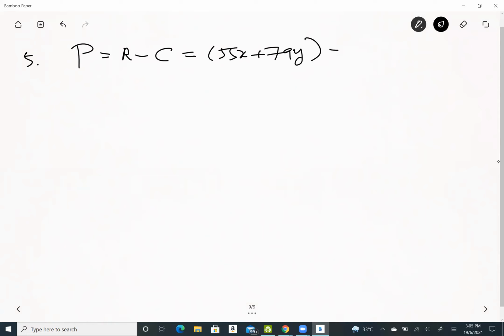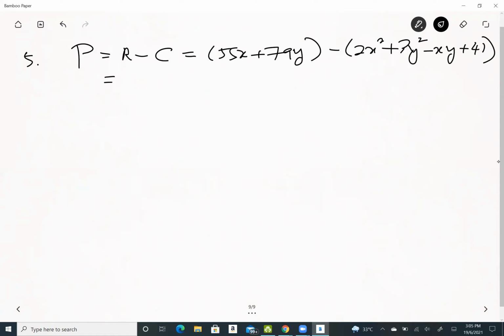Revenue, and then minus the cost, 2x squared plus 3y squared minus xy plus 41. So let me simplify the thing.